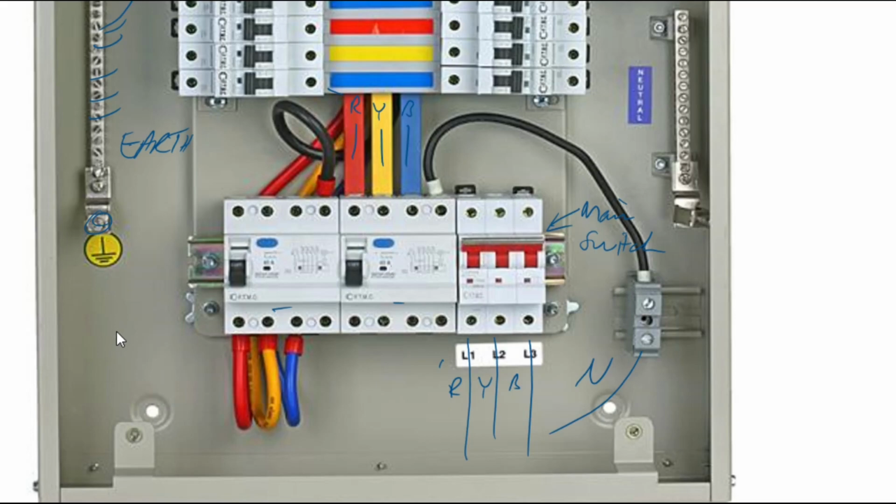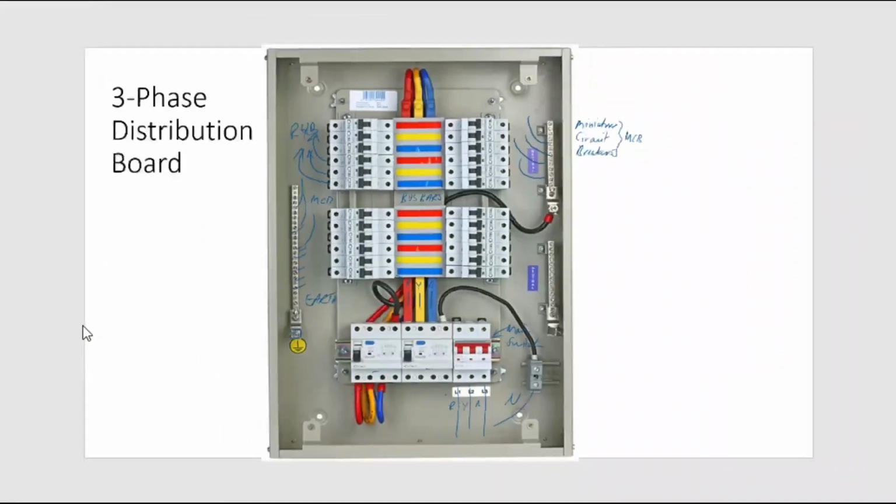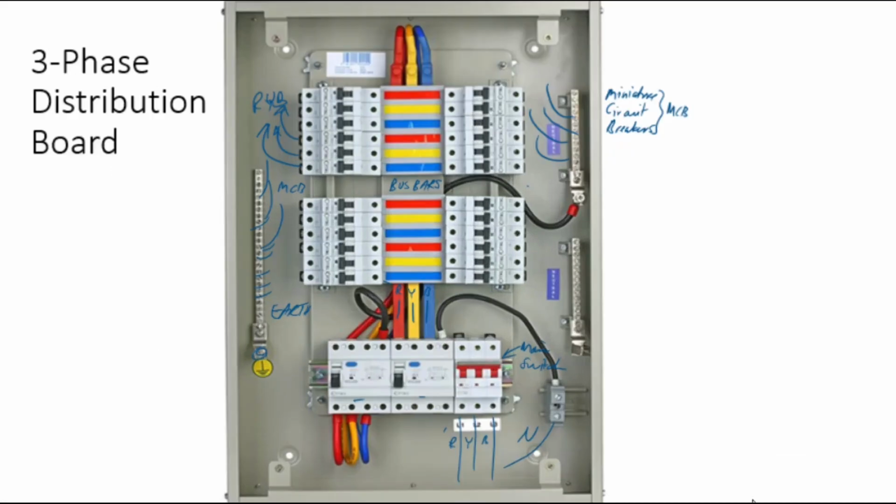Usually this is a copper bar that is sunk deep into the ground, usually kept wet so that there's good conductivity with the ground. Right, so that is three-phase distribution. Okay. Breakers on the live, miniature circuit breakers, and various incoming points.